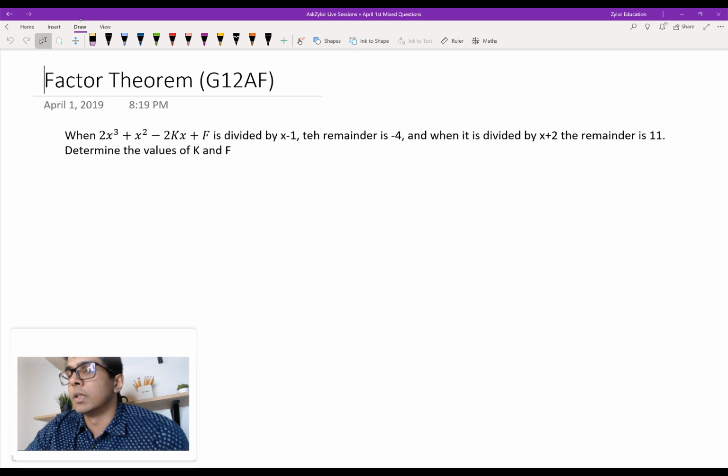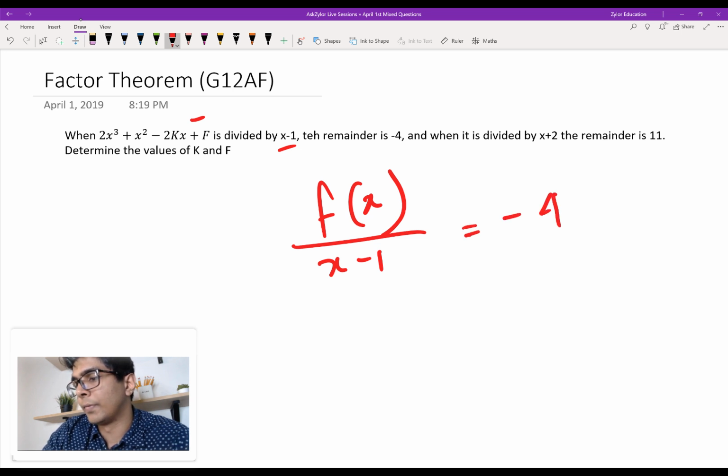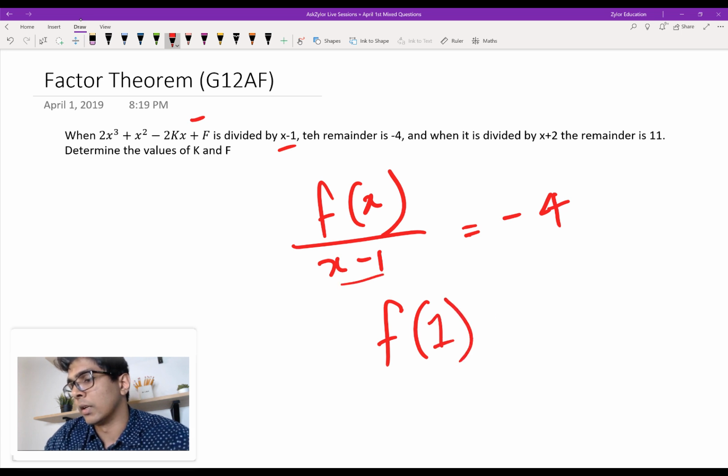So this is using the factor theorem. What the factor theorem or the remainder theorem is telling me is, let's say f of x is this function. That means if I divide by x minus 1, the remainder is going to be negative 4. But if I plug in the factor, which in this case is 1, I should be getting negative 4 as well.